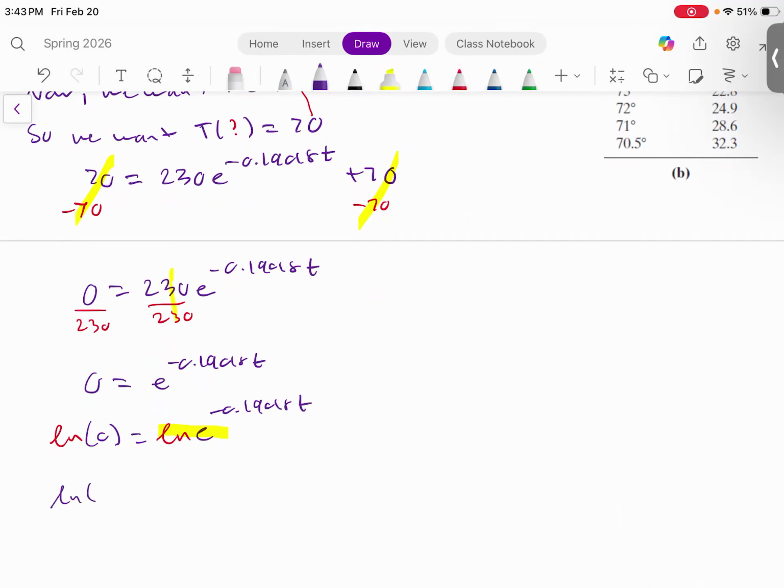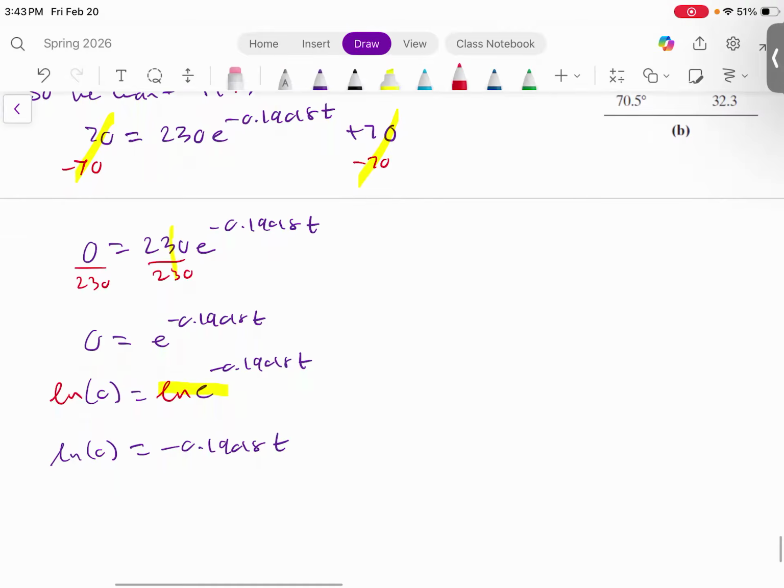And we're left with natural log of 0 equals negative 0.19018 t. All right, so good news, the t is out of the exponent, but we have an issue here. We cannot take the natural log of 0. That gives us no solution. Okay, so that's an issue.